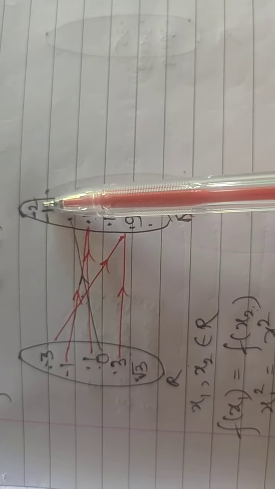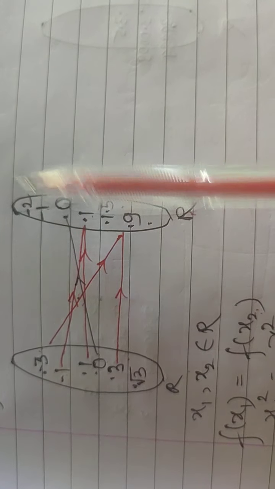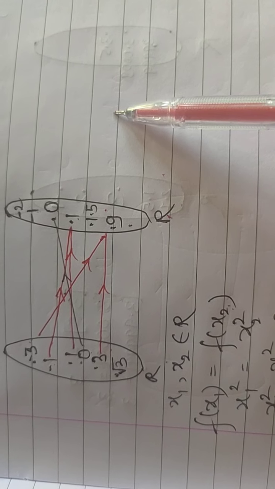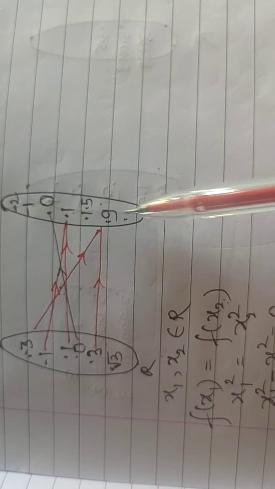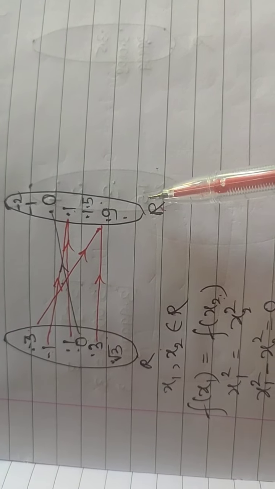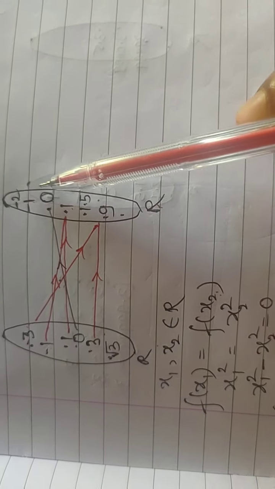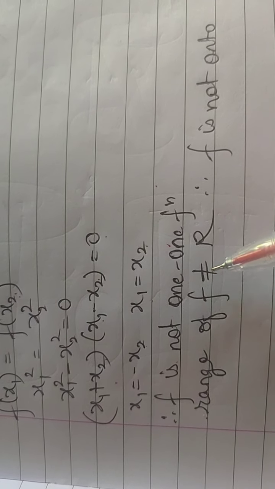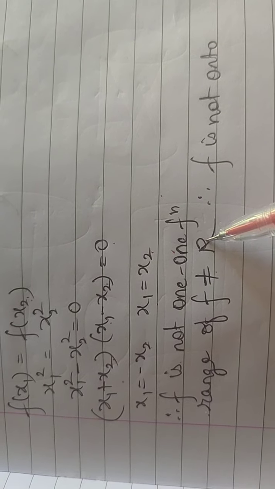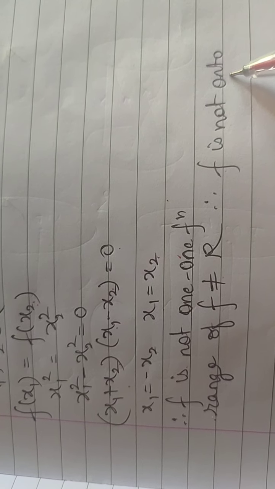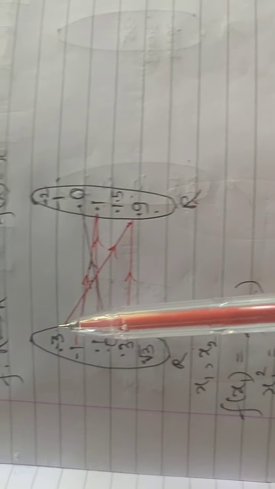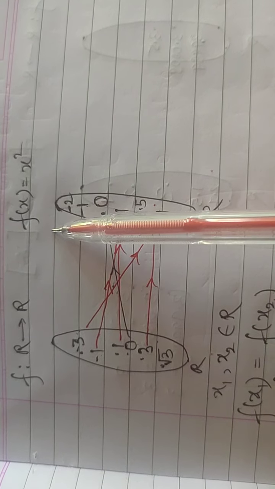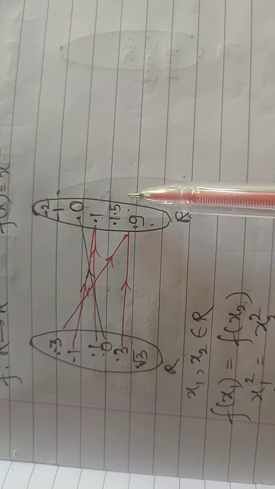Hence the range is not equal to the codomain, because in the range all positive numbers including 0 are there, and in the codomain negative as well as positive numbers including 0. Therefore, the range of f is not equal to the set of real numbers R, hence f is not onto also. So this function, defined from R to R with f of x equal to x square, is neither 1-1 nor onto.